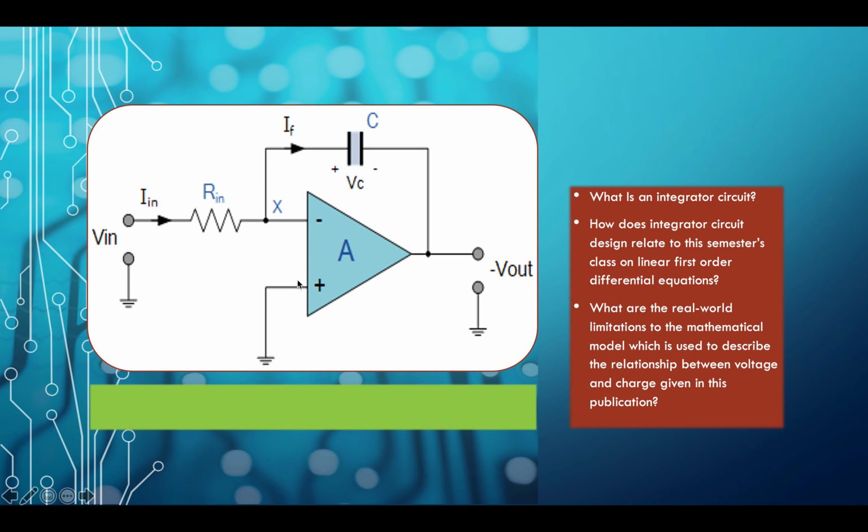So an integrator circuit does pretty much exactly what it sounds like. You give it an input voltage, and there is a relationship between the voltage that you put in here versus the voltage that you get out here, depending on the value of these components, the frequency of the signal, the shape of the signal, things like this.